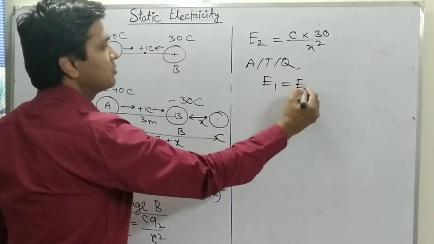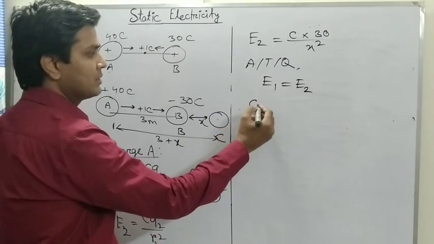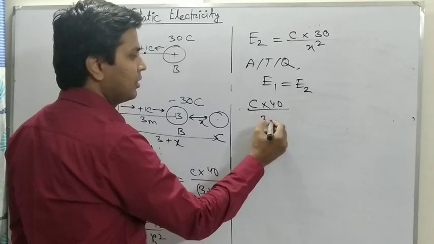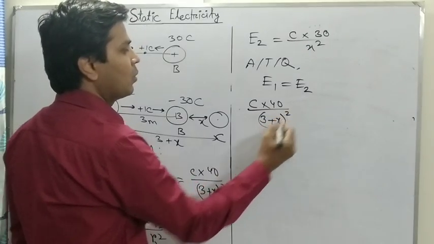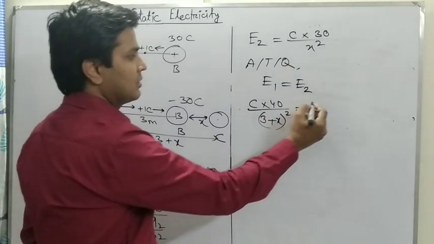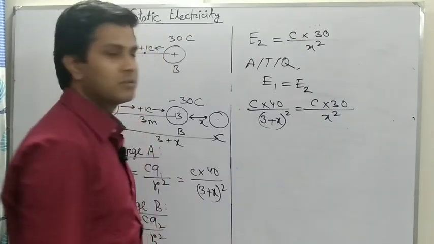E1 will be equal to E2, and if you put the value of E1, which is C into 40 divided by 3 plus x whole square, and for E2 it is C into 30 divided by x whole square.